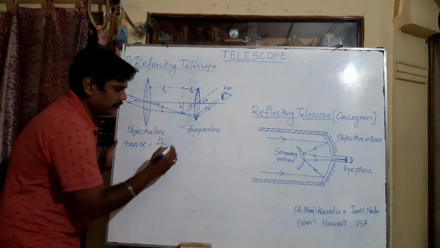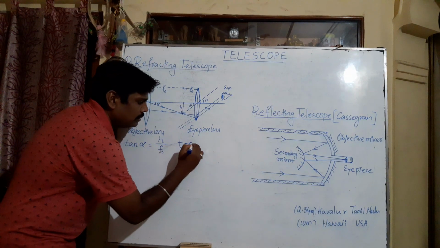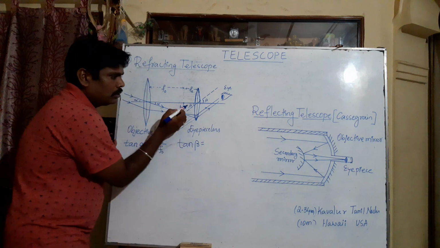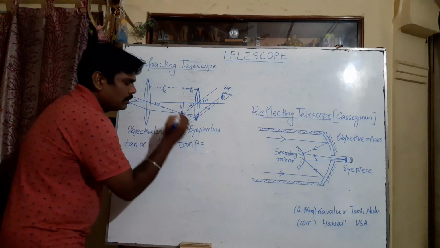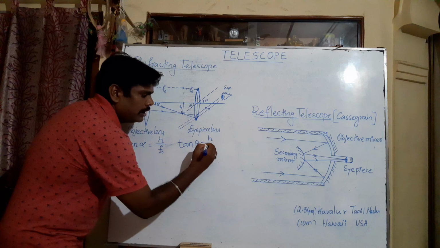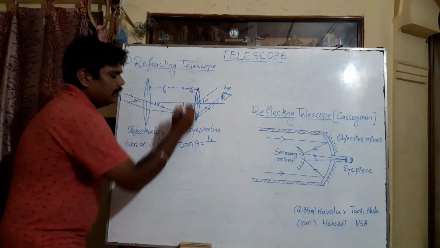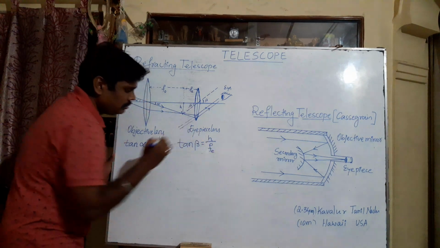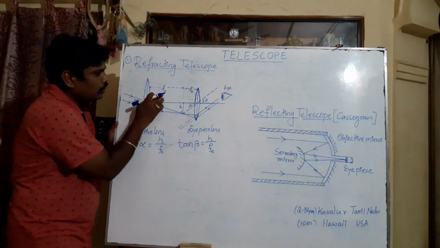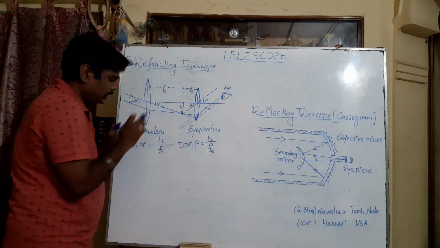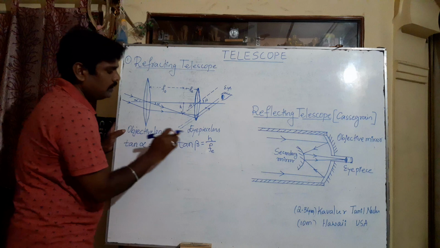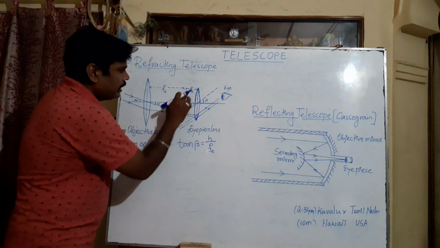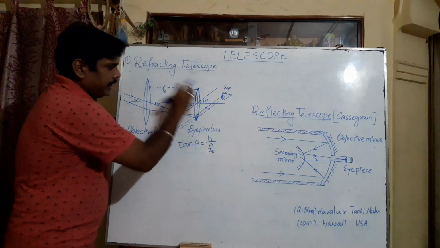So again apply the tan function: tan beta is equal to h divided by fe. F0 is the focal length of the objective lens, and fe is the focal length of the eye lens.